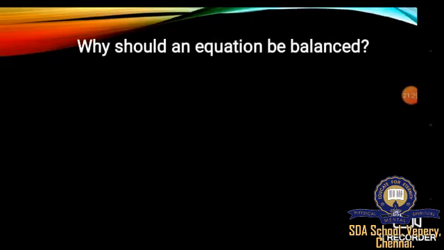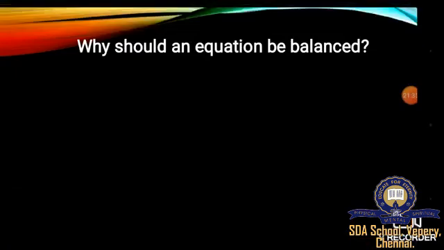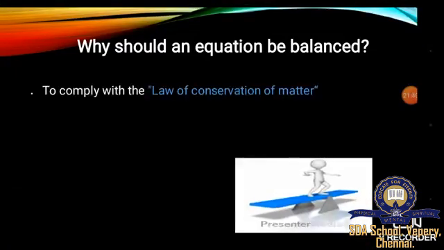So it is said to be a skeleton equation. The next topic is, why should an equation be balanced? We have a reason to balance an equation: to comply with the law of conservation of matter. What is meant by the law of conservation of matter?